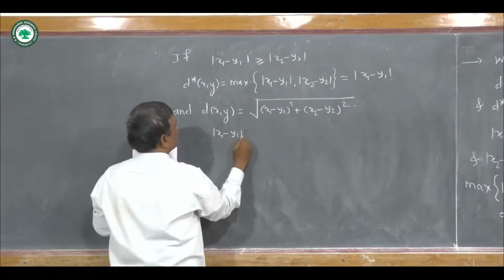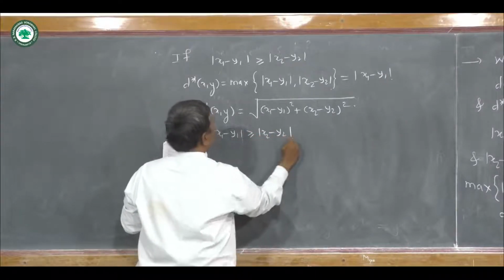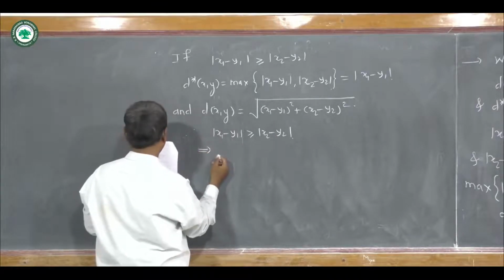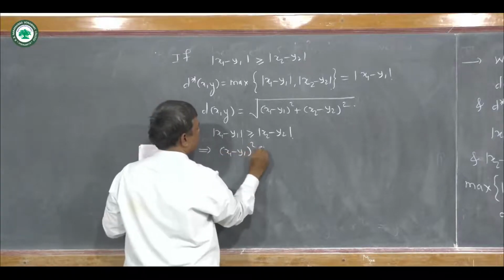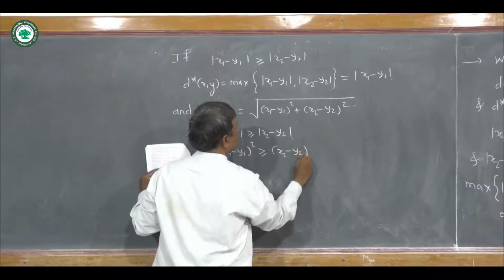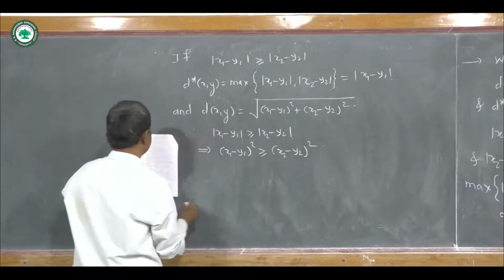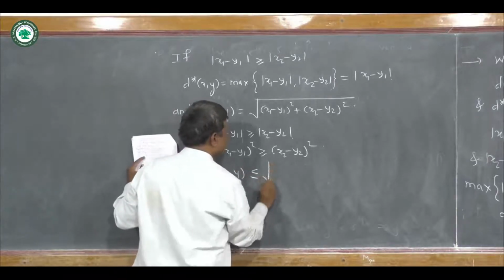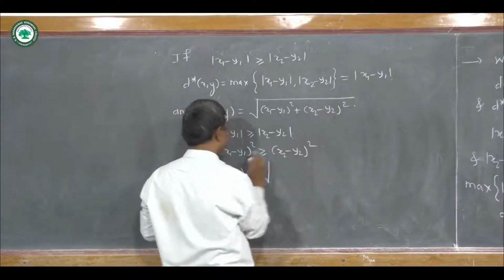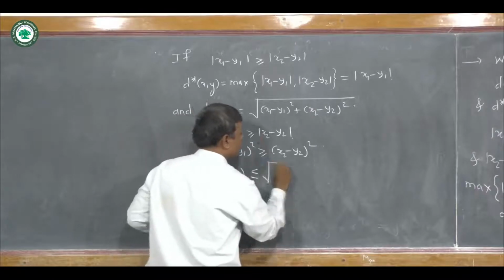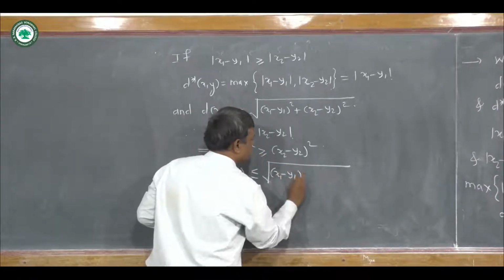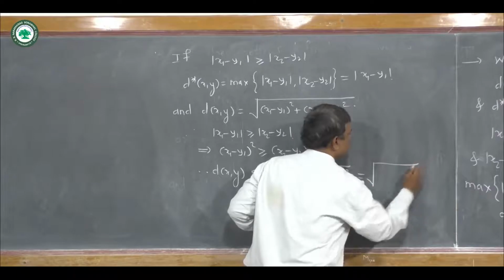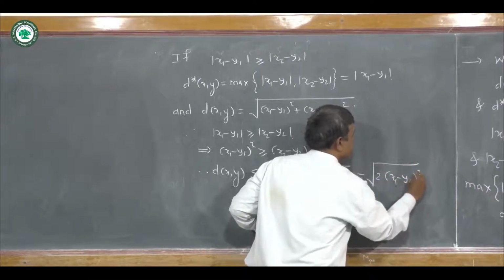Since absolute value of x1 minus y1 is greater than or equal to absolute value of x2 minus y2, this implies that (x1 minus y1) square is greater than or equal to (x2 minus y2) square. Therefore d of x, y is less than or equal to, replacing (x2 minus y2) square by (x1 minus y1) square, square root of (x1 minus y1) square plus (x1 minus y1) square, which is equal to square root of 2 into (x1 minus y1) square.